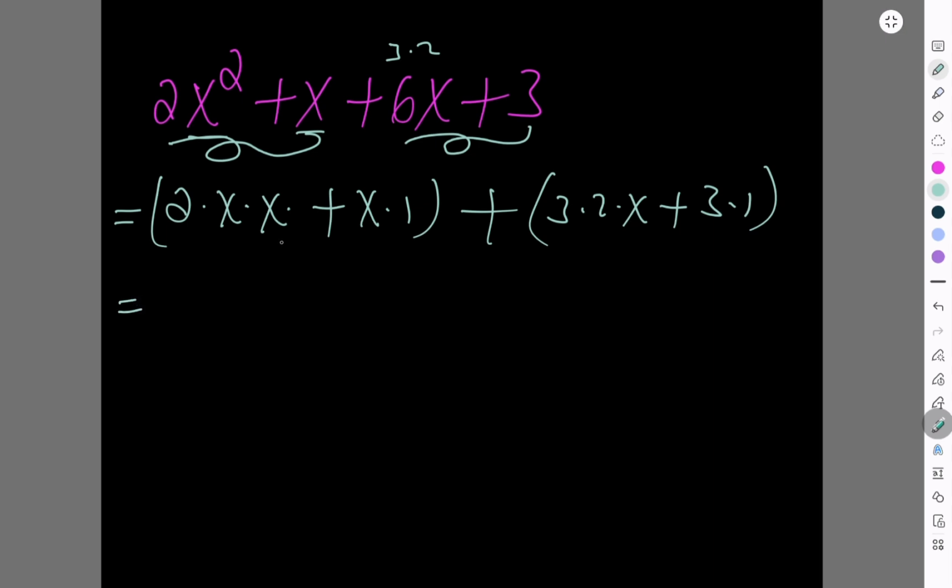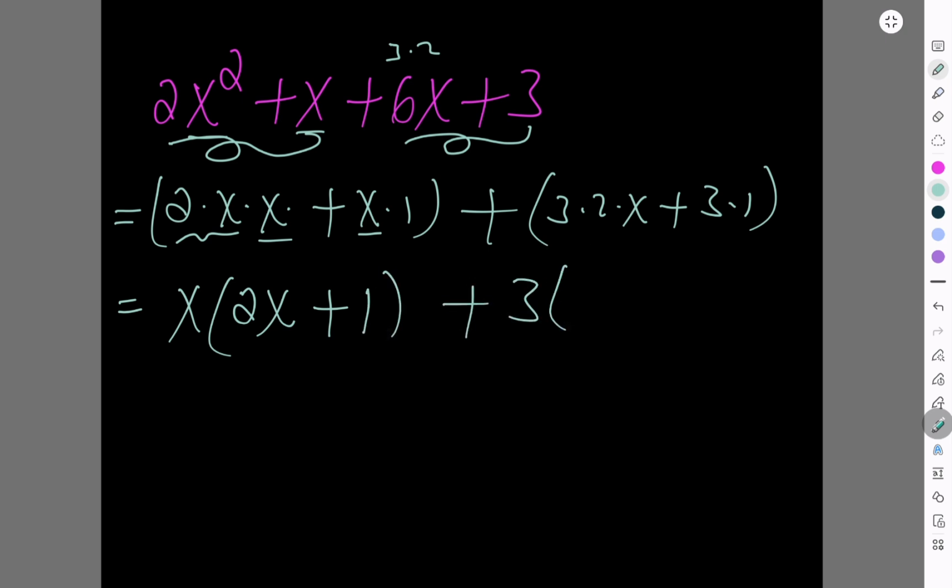And then for the first group, we have x common, so we can factor it out. Then we are left with what? 2 multiplied by x, that is 2x, then plus 1. Similarly here, 3 is common, we can factor it out. Then we have here 2x and here 1, so we have 2x plus 1.